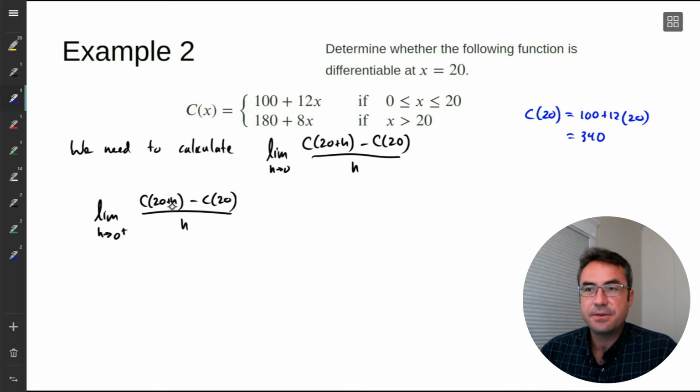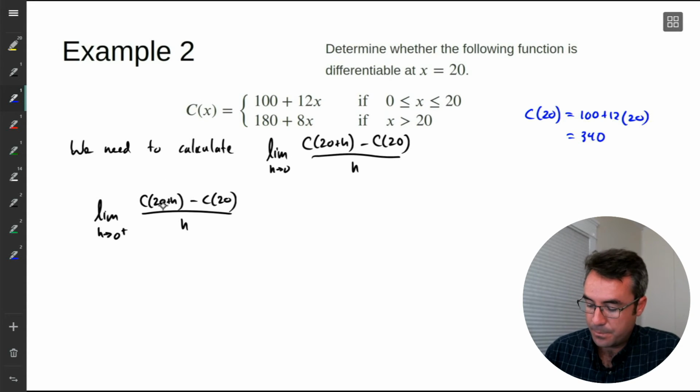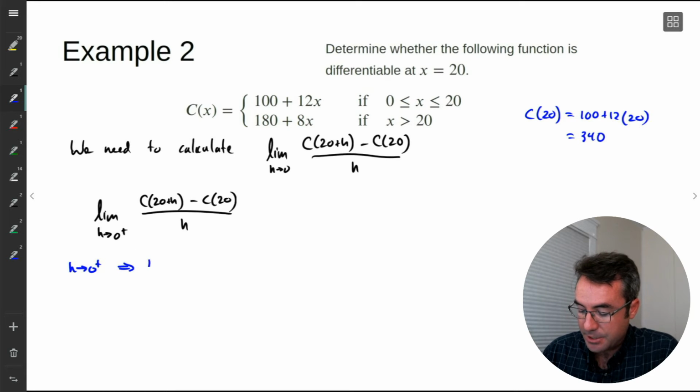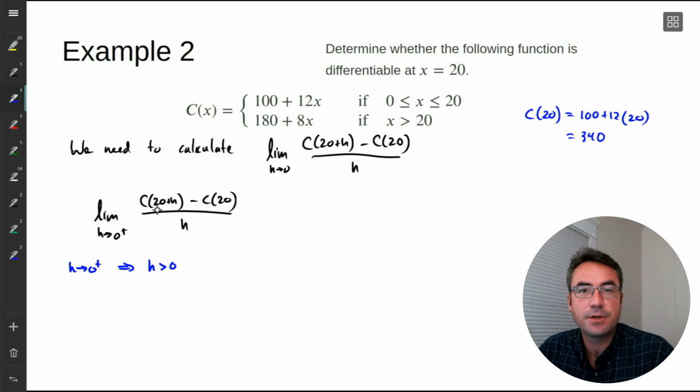What about this c of 20 plus h? So h is approaching 0 from the right, so that means that h is close to 0 but slightly bigger. So we're trying to figure out which piece of our function to use for this 20 plus h.